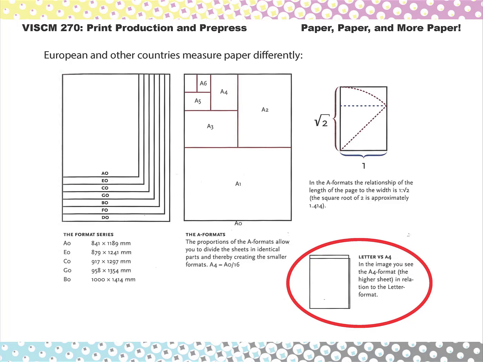And an interesting thing here is that a letter size paper for us, if you look down here in the corner where I've circled in red, is different than the letter size paper for people in Europe, say. Our sheets are a little bit shorter and a little bit wider, where the European sheets are a little higher and a little skinnier.